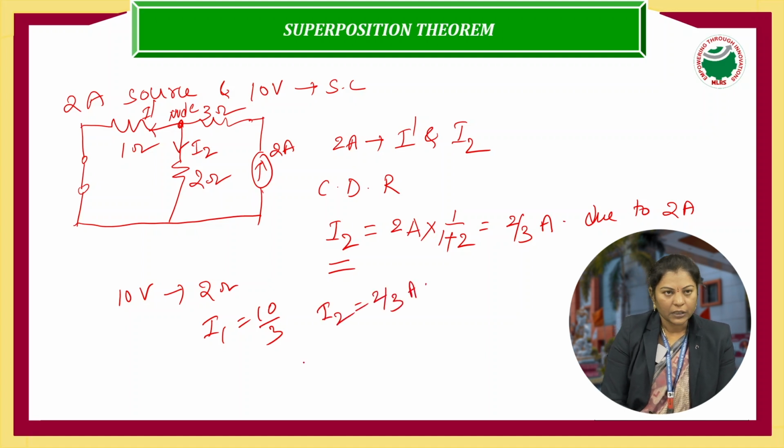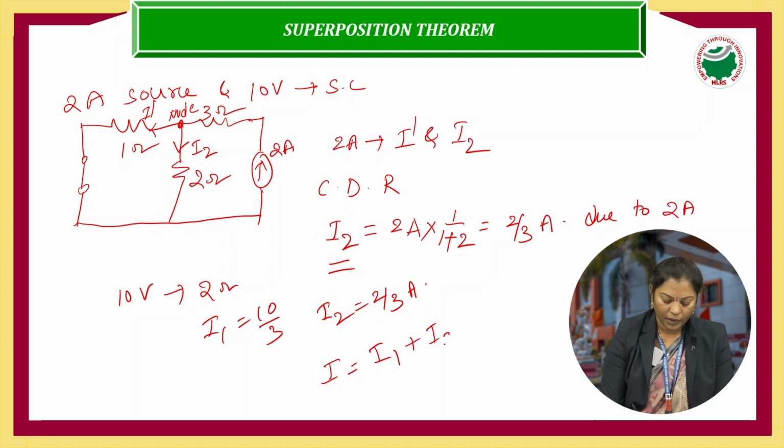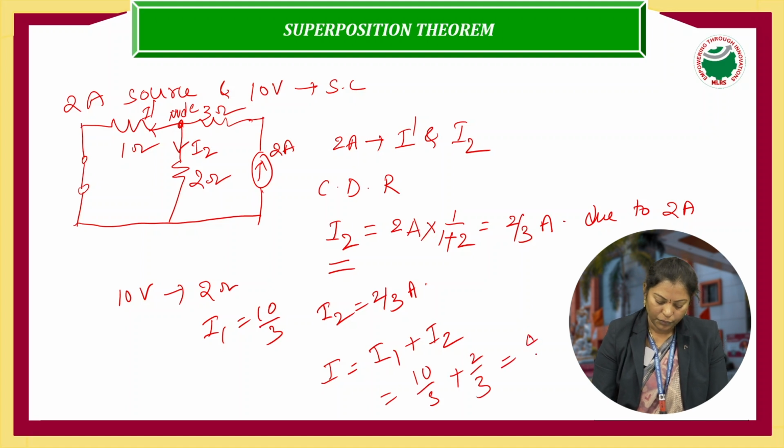When we consider both sources, the total current I equals I1 plus I2. So we get 10 by 3 plus 2 by 3, which is nothing but 4 amperes, the total response due to the 2 sources. That is the superposition theorem.